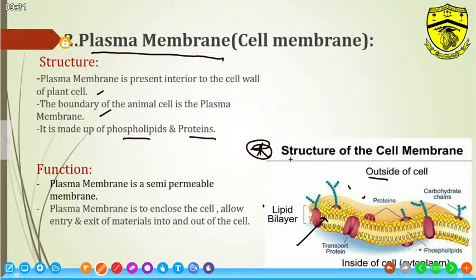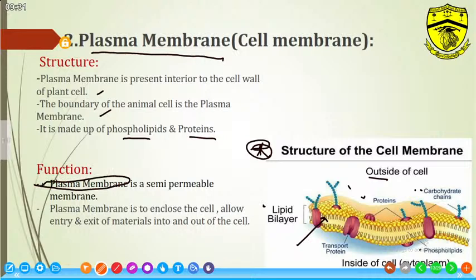And next one, the carbohydrate chains are also present in it. So, the carbohydrate, protein, lipid, these are also components present in the structure of the cell membrane. So, in here, the function of the plasma membrane.